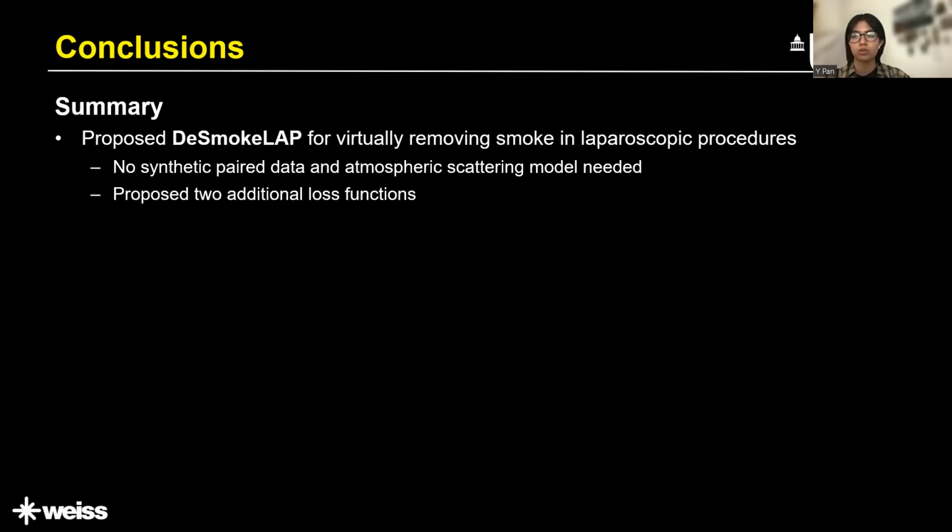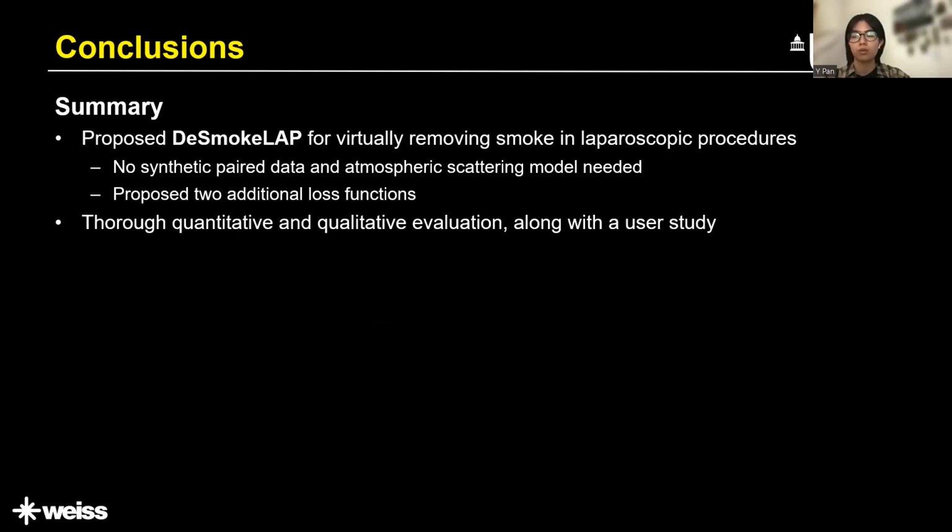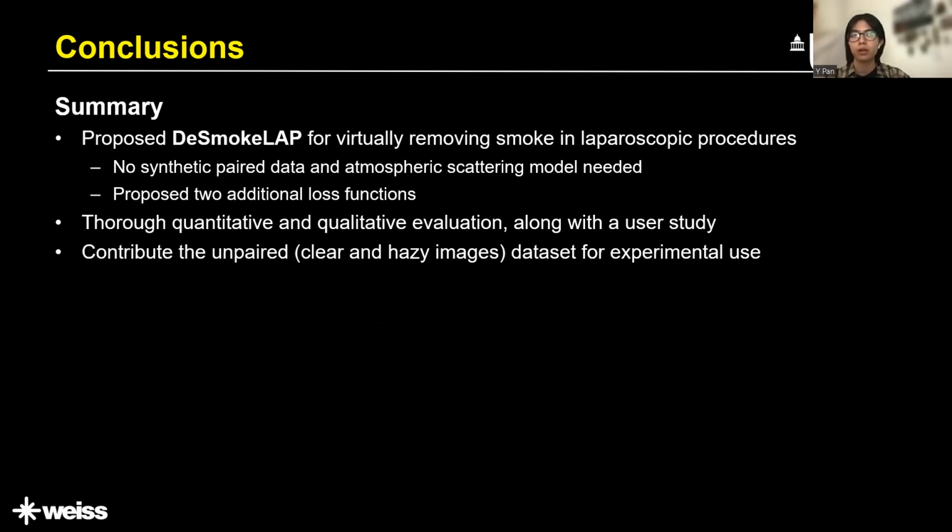Instead, we introduce 2 additional loss functions that help estimate the remaining smoke in the generated image, by interchannel discrepancy and the dark channel prior. Our method presents outstanding results in comparison with existing approaches, quantitatively and qualitatively, and also received agreement in the user study. We also contribute an unpaired dataset for experimental use for surgery data.